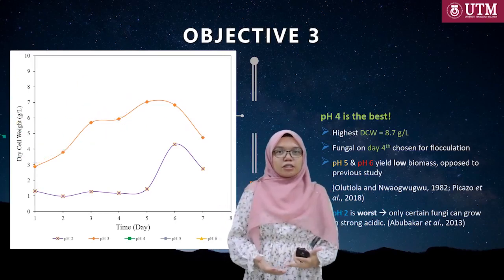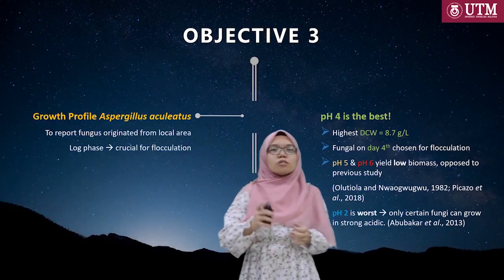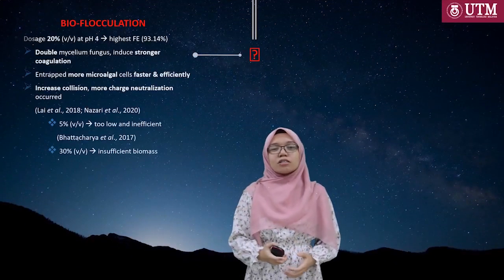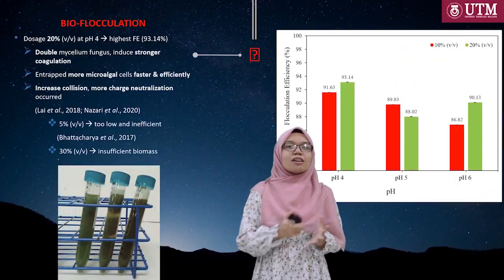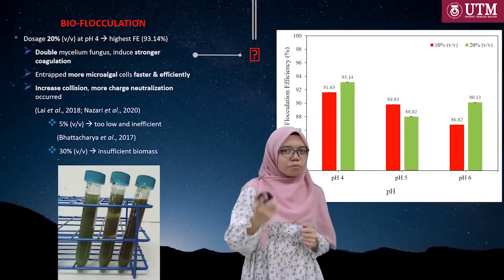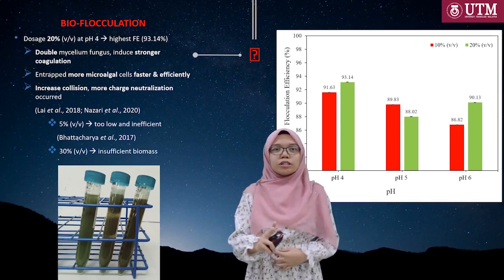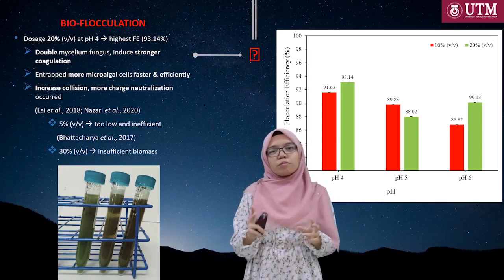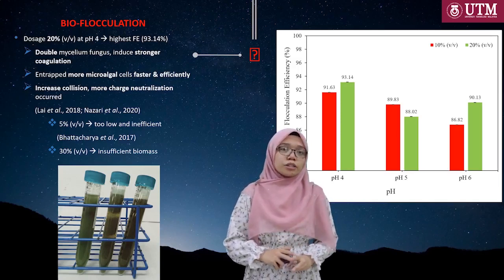So, next, the flocculation of Oscillatoria species using Aspergillus aculeatus was carried out, considering the exponential phase and the optimal condition of both species are known. For bioflocculation, only 2 ranges of fungal concentration at different pH culture were chosen.